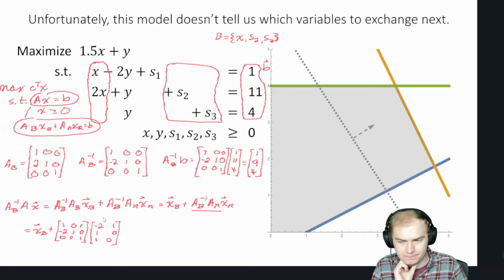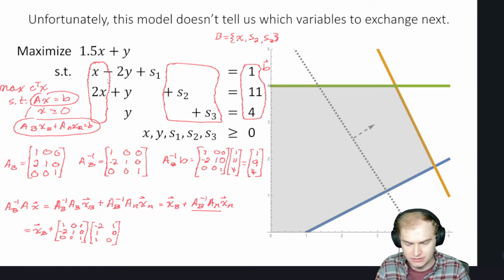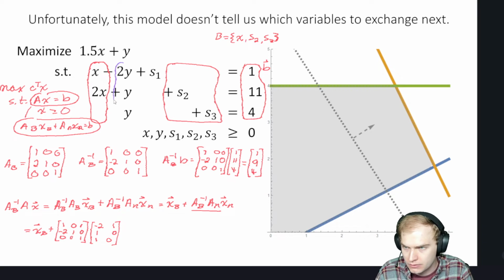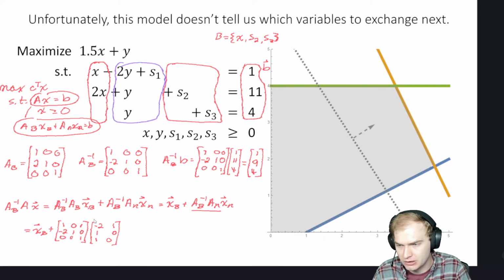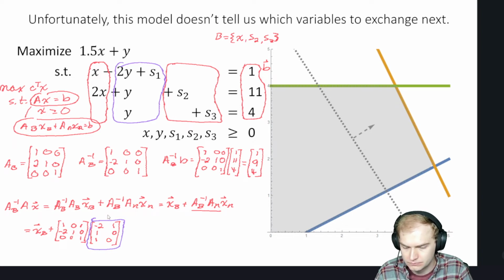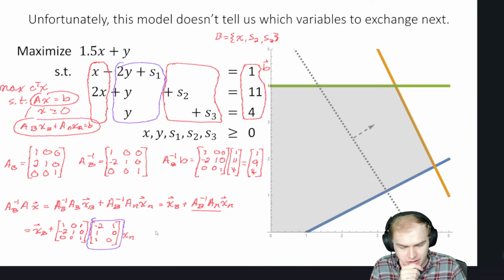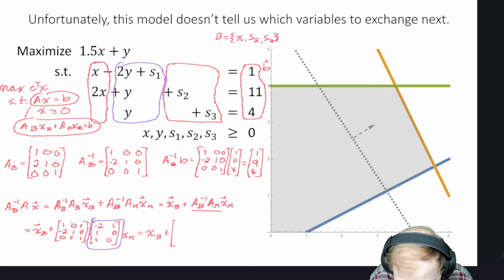So this AN, this non-basic matrix, is just the other columns that we hadn't picked before, times XN, which is XB plus negative 2, plus 0.